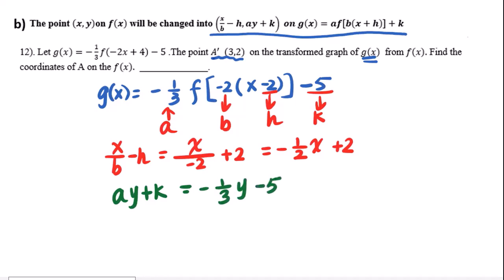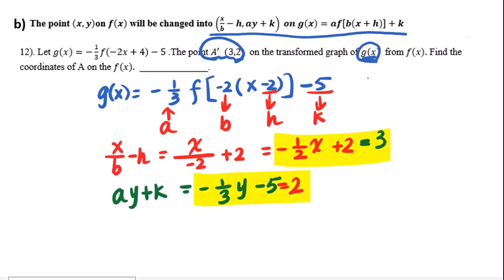According to the given information, this one is on the transformed graph of g of x. So we will set up. This is 3. This is 2. Then you need to solve these two equations. Let's solve x first. Cross the river, change sign.